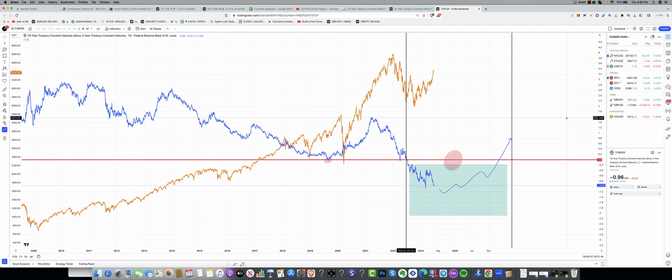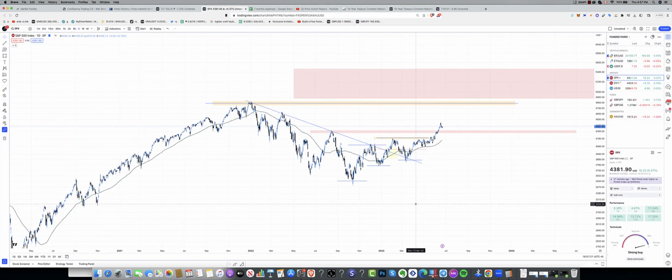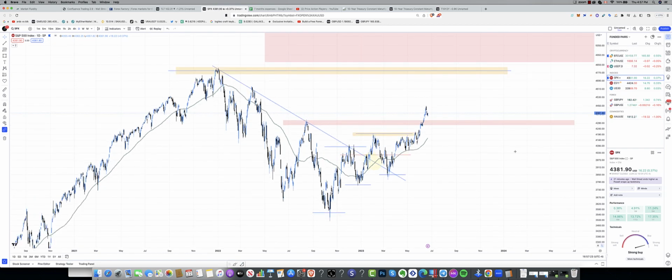Yeah, so if we look at even here, the 10 versus 2 year, anytime we've gone under and bounced back above, this gray area shows a recession. Gone under, recession. This is 2006, 2007, recession. Boom. Okay, so just to keep that in mind. But how we're looking for the S&P structurally is very good.